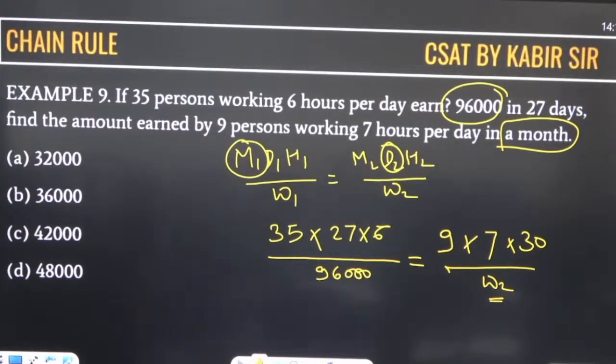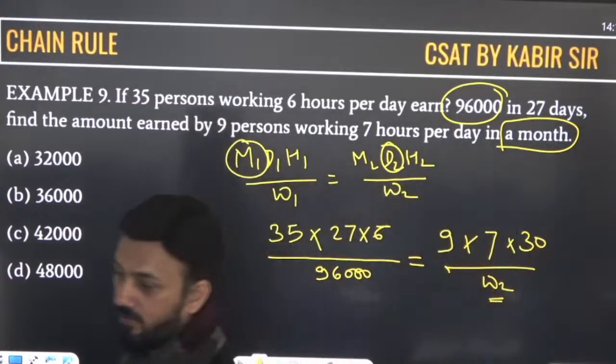Whenever the question says month, it is always considered as 30 days. Month meaning 30, always. When you join a service and get salary, you get salary based on 30 days, right? Not 28 days or 31. The calculation is always on 30 days.